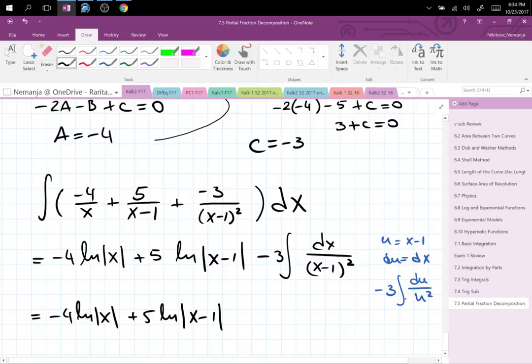So the integral of this would be negative 1 over u. But negative 1 and negative 3 makes a positive 3. And 1 over u, but u was x minus 1. So we can just call this 3 over x minus 1, and then plus c.